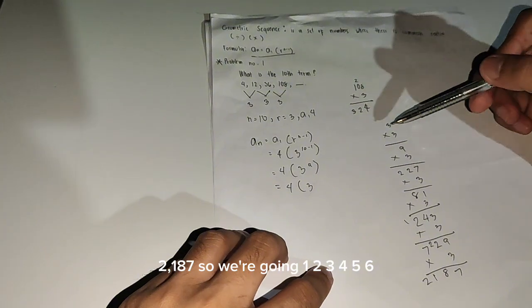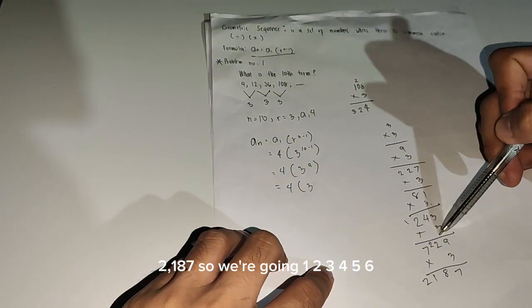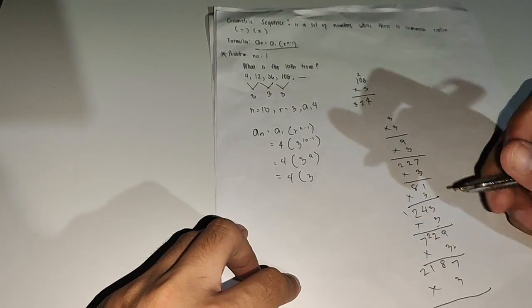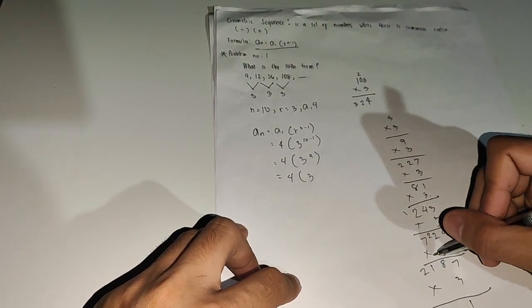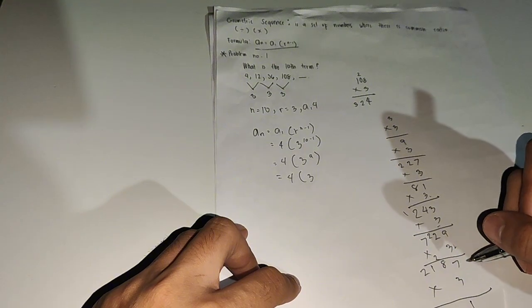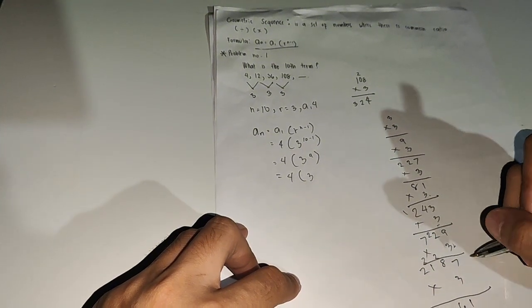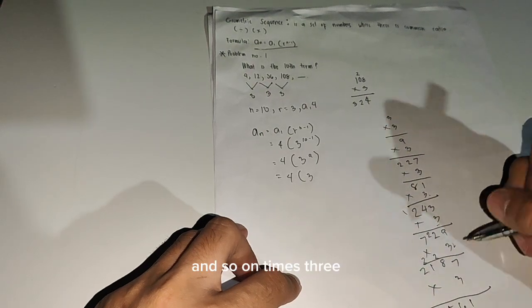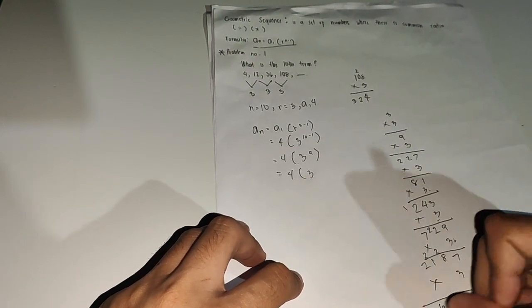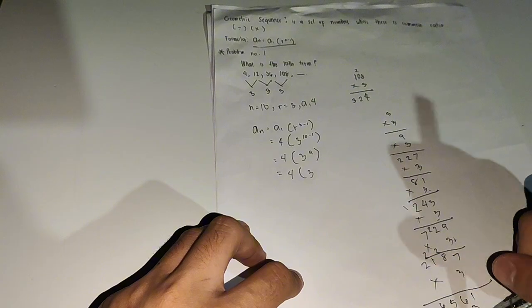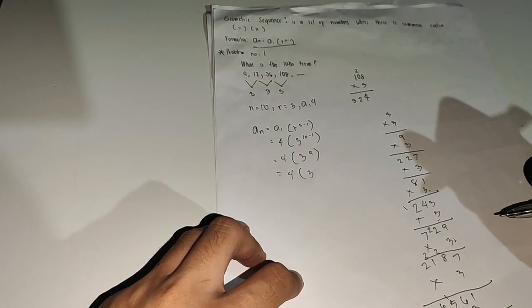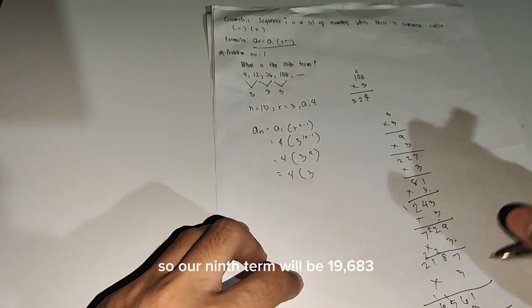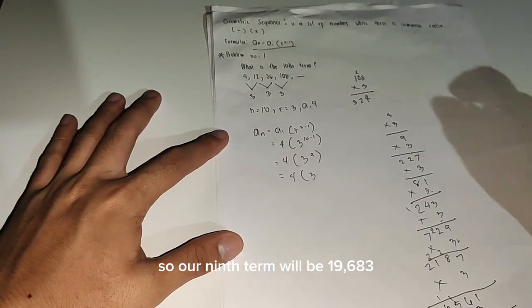So we're at 1, 2, 3, 4, 5, 6, 7. We're lacking 2. And so on, times 3. So our ninth term will be 19,683.